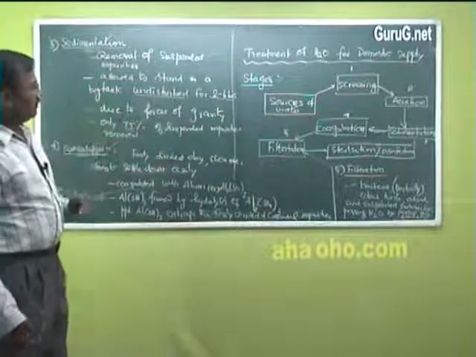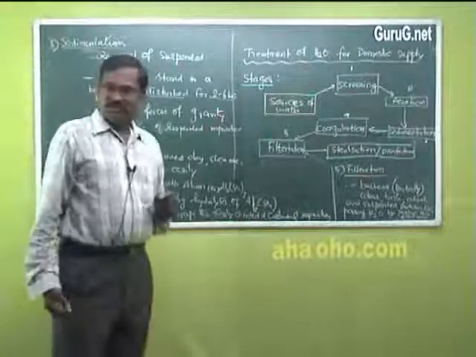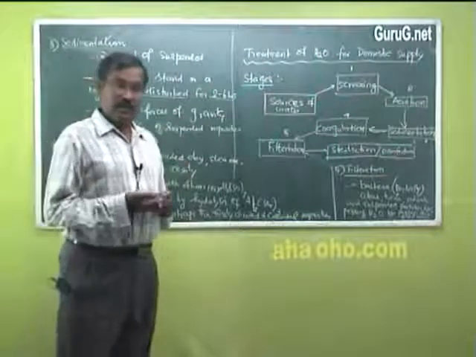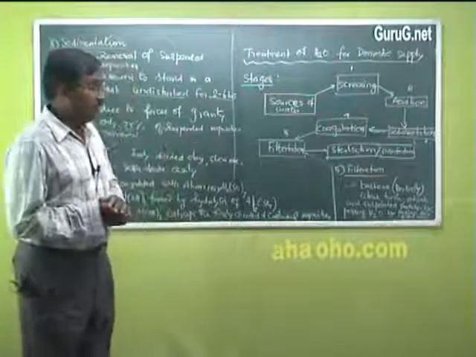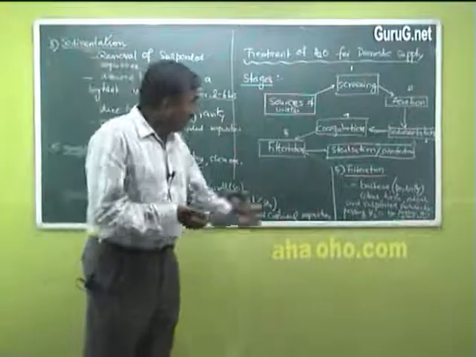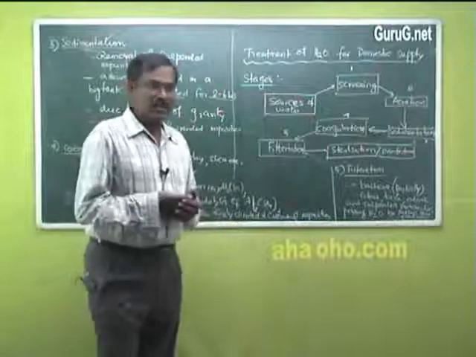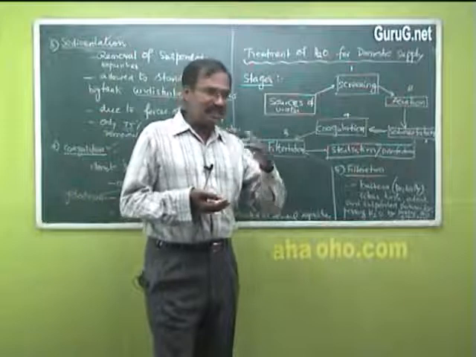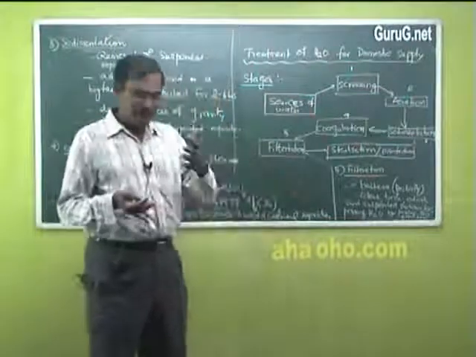So the next step is filtration. This filtration is always carried out with the help of some filter beds. We will see that later. So filtration is to remove bacteria, not all, only partially it can be removed, and color, that means color causing substances are filtered off, that's all.